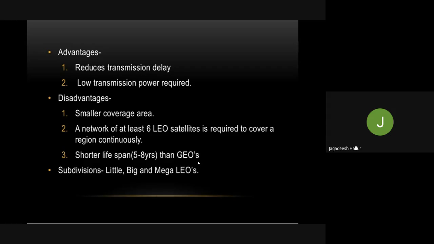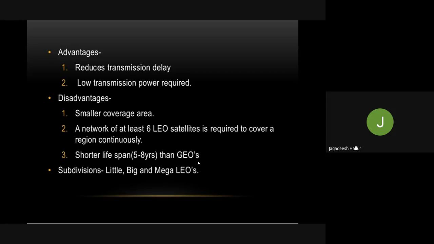And it requires low transmission power. Why? Because it is nearer to the Earth; the height of the satellite is very less, from 600 to 1000 kilometers. So the transmit power required is less. These are the two advantages of low Earth orbit.